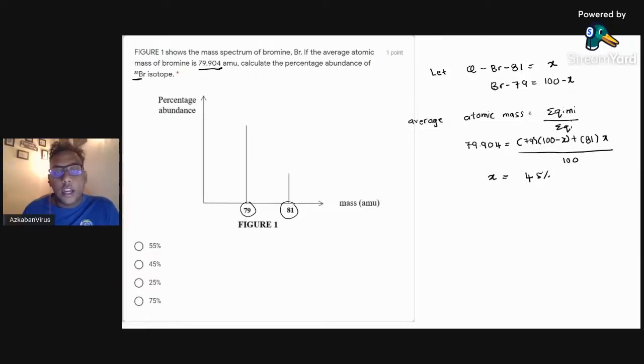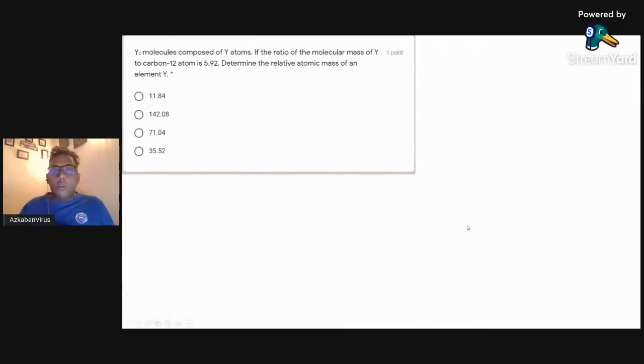Soalan yang ketiga adalah, okay, soalan ni lebih susah sikit. Okay, we were given Y2 molecules, molecule Y2, dia punya relative, kita diberitahu ratio pada ratio molecular mass.